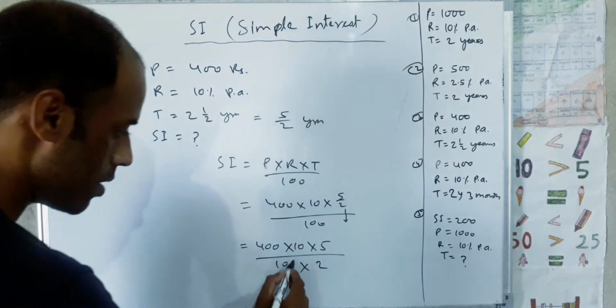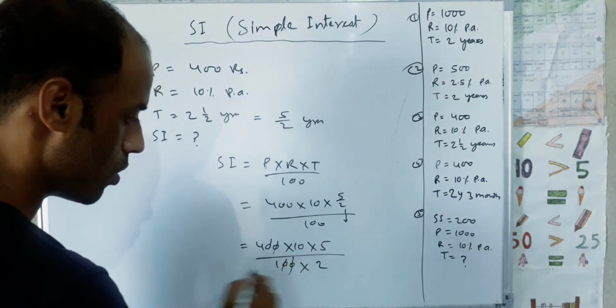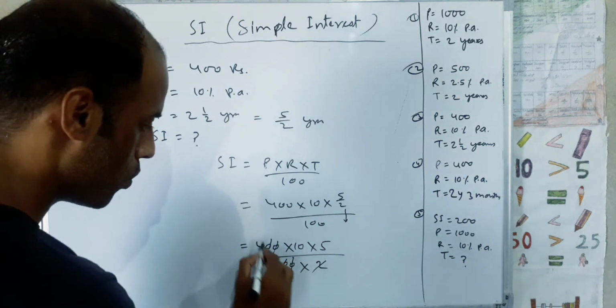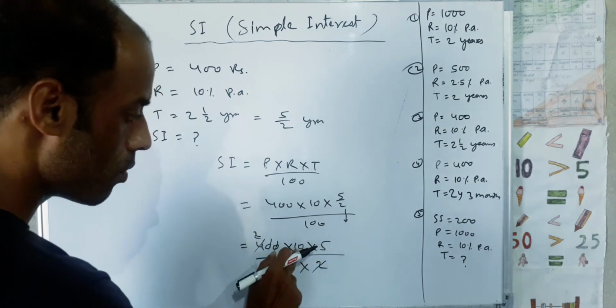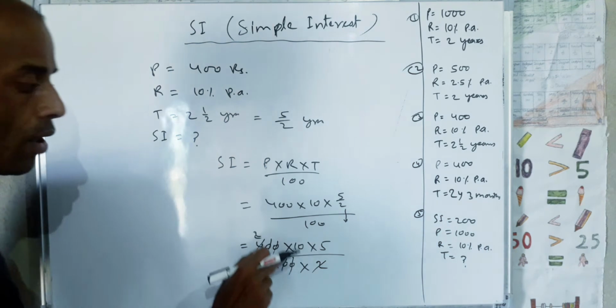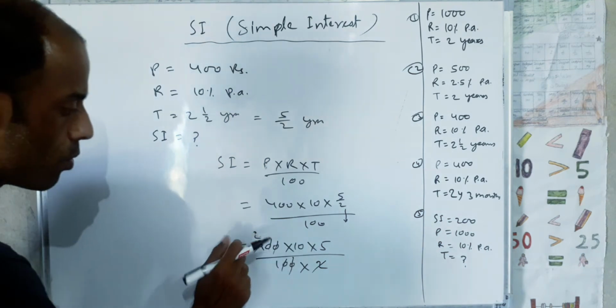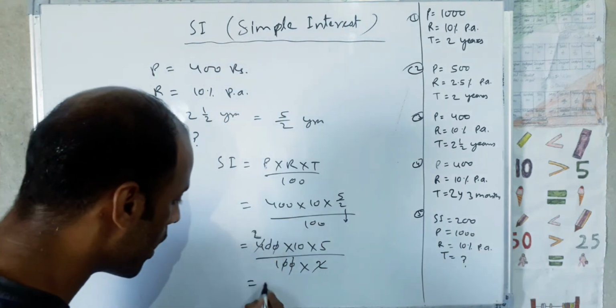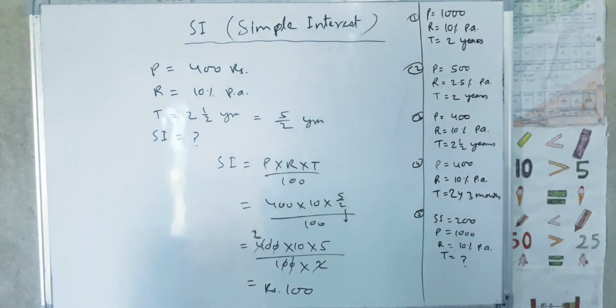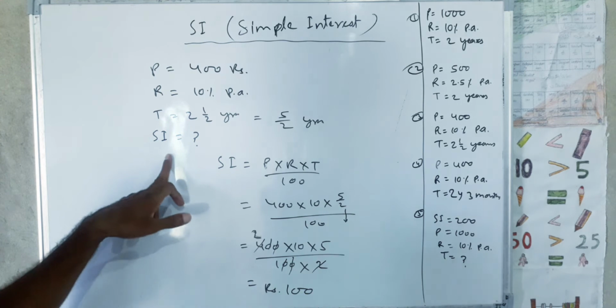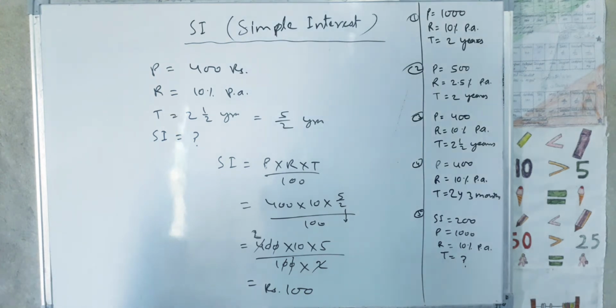Denominators 0 0 0 0 cancel out. 2 2s are 4. Now 5 into 10 is 50, 50 into 2, we get rupees 100. That means SI is rupees 100.